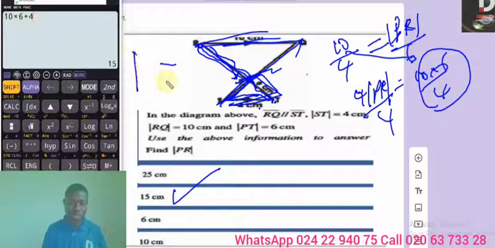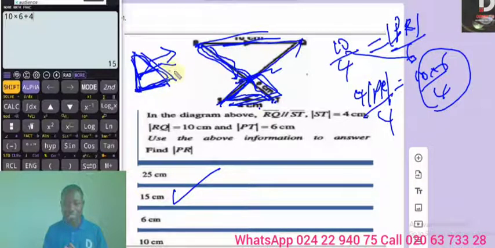So if I have this one, the scale factor is positive because this triangle is facing the right side. The bigger triangle is also facing the right side. Therefore, it's positive. It's very, very important.